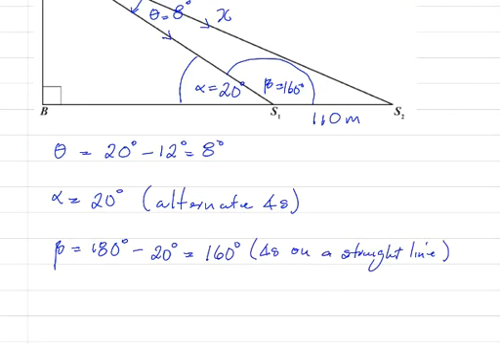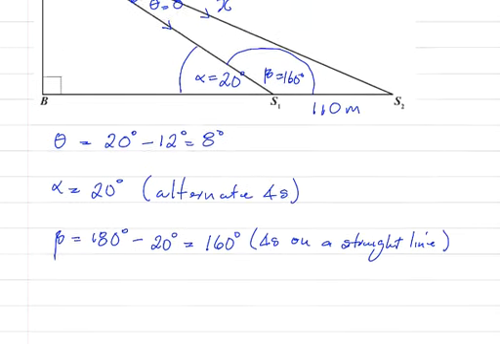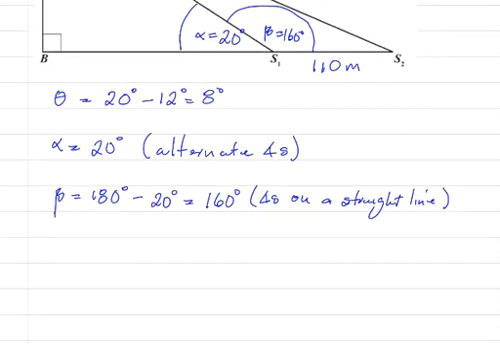Alright, so now I should have enough information. For the triangle T, S1, S2, I know the size of two angles and one side. If I know the size of two angles and one side of a non-right angle triangle, that is a condition for applying the sine rule. With the sine rule, whatever I want, I start with.